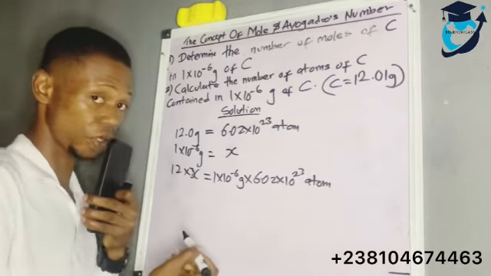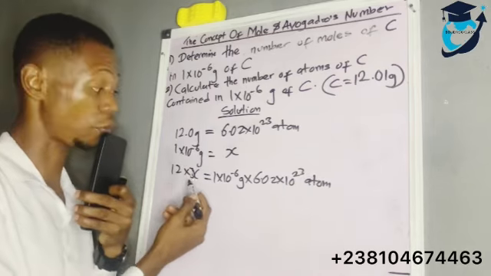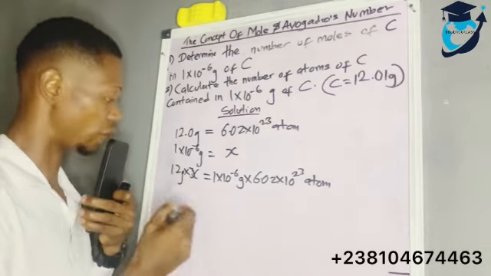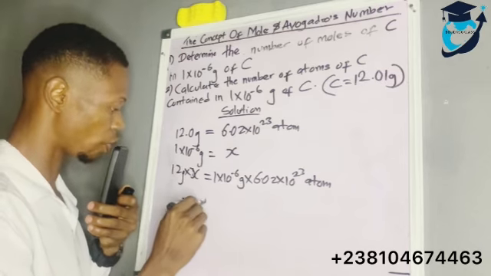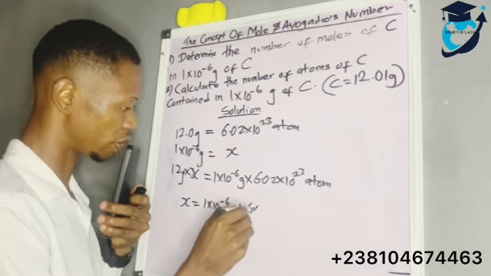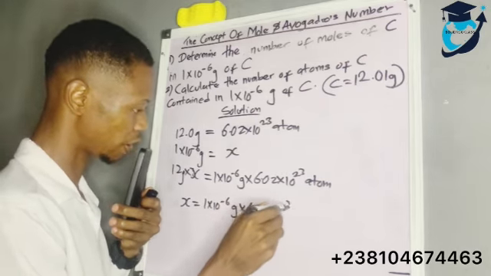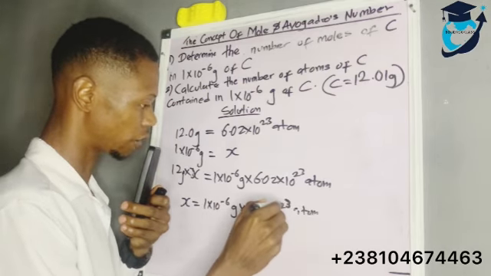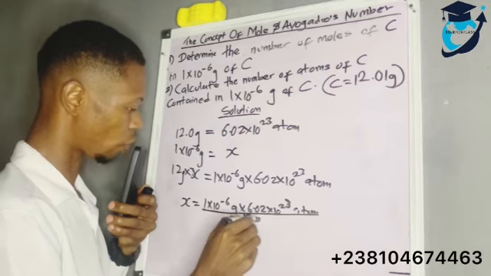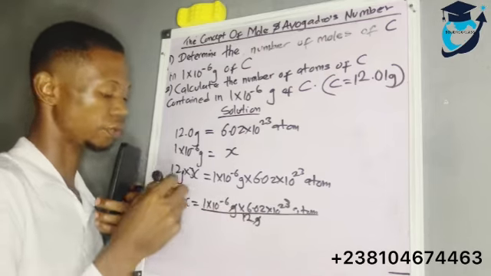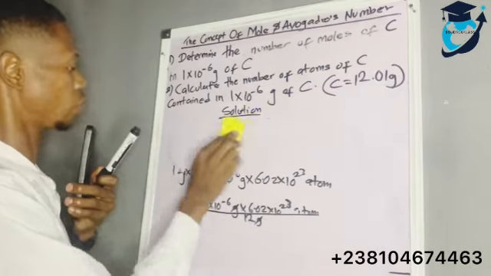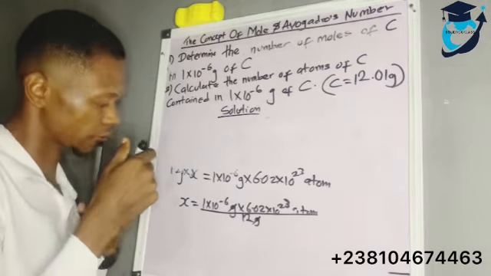So by the standard formula, dividing both sides by the coefficient of X, we will get that X will be 1 times 10 raised to minus 6 gram times 6.02 times 10 raised to 23 atoms, all over 12 grams. So gram cancels gram. So what will we get from here?